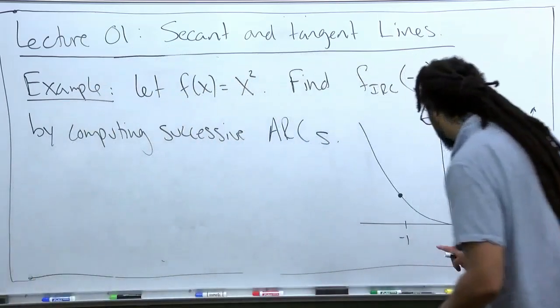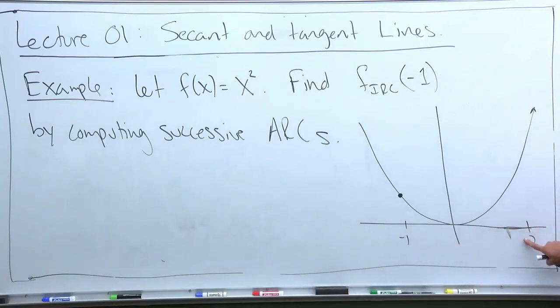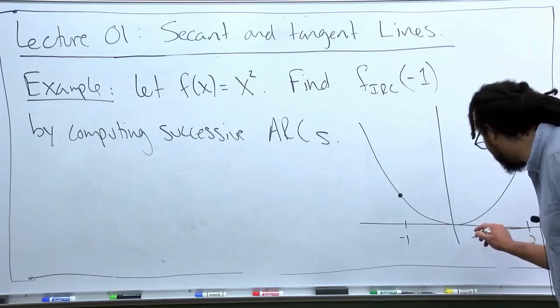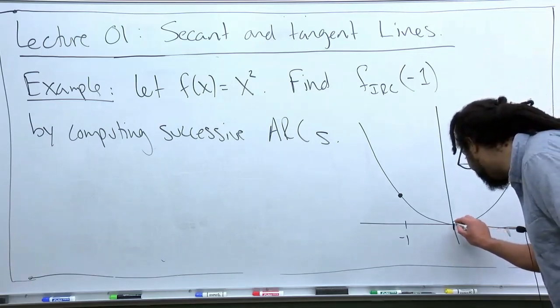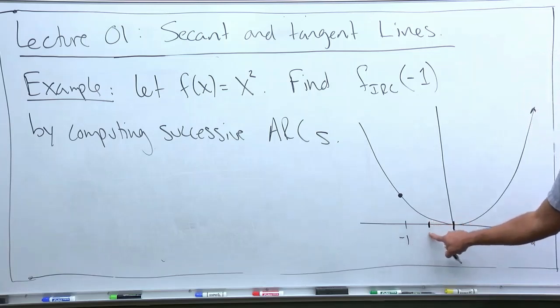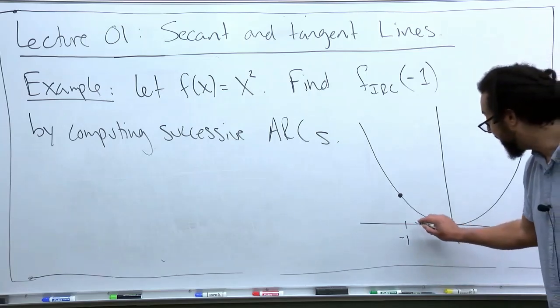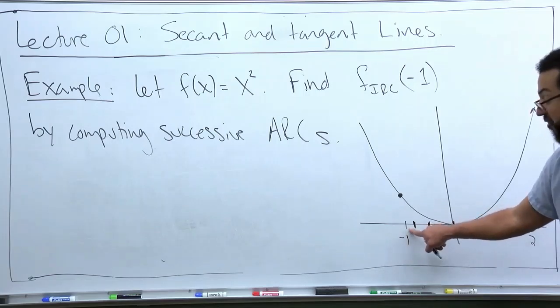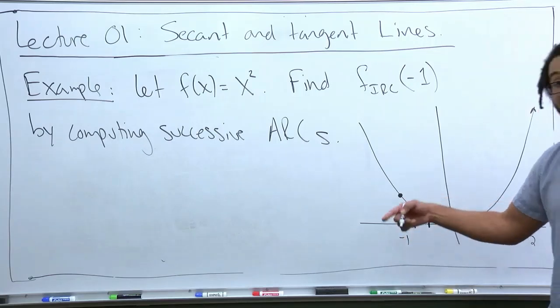For example, we'll look at the average rate of change from -1 to 2, and then we'll take 2 and move it a little bit closer. So then we will look at the average rate of change from -1 to 0, then from -1 to -1/2, then from -1 to -0.9, and then from -1 to -0.99, and so on and so forth.